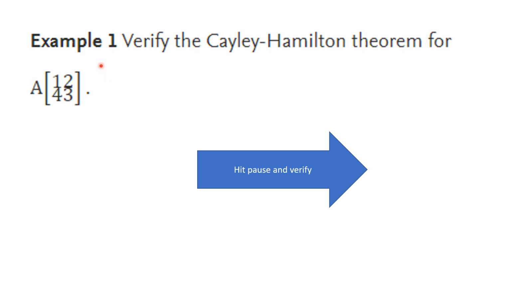As a getting started example, here's what I will ask you to do. Consider the 2 by 2 matrix A, which is 1, 2, 4, 3, and verify that the Cayley Hamilton theorem does work for this one. And again, to get full benefit, I suggest you hit pause, verify this yourself, and then return. Let's see how you did.